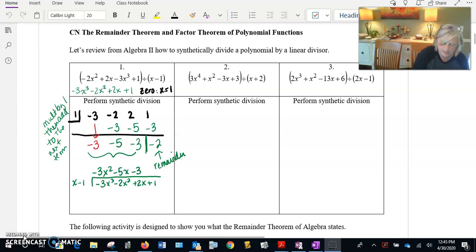And then at the very end, it's going to have a remainder of negative 2.